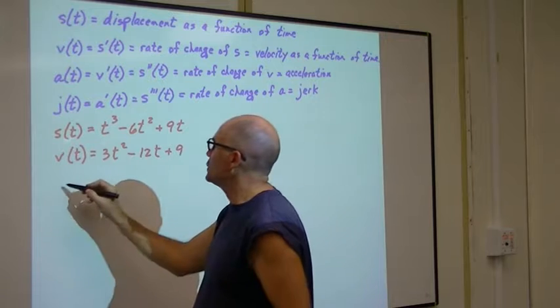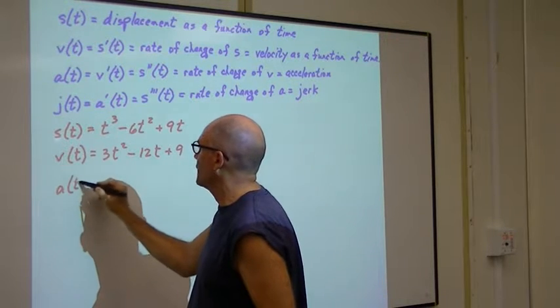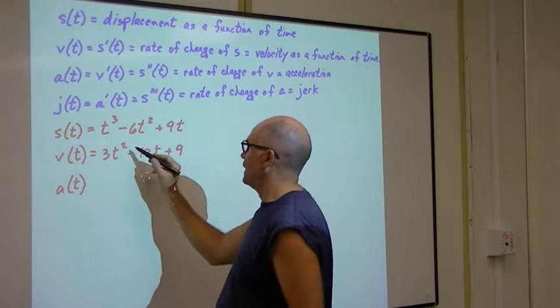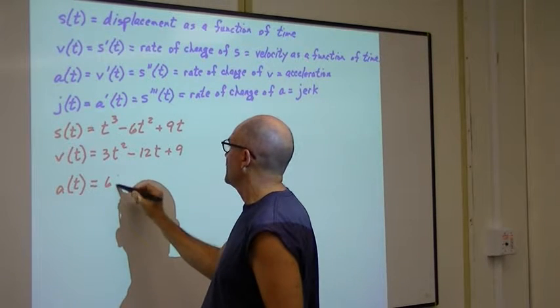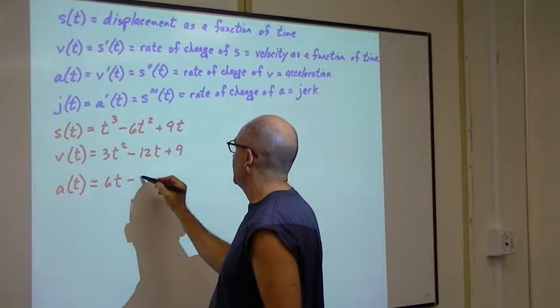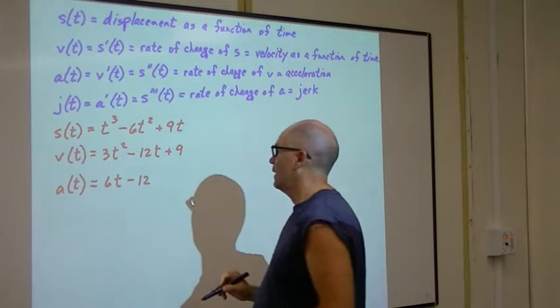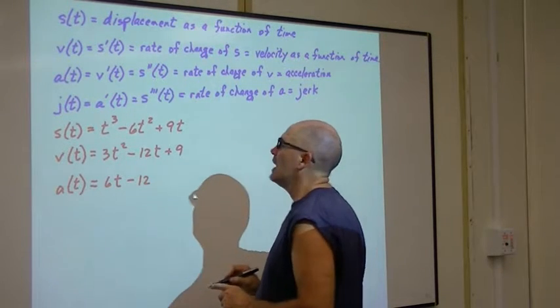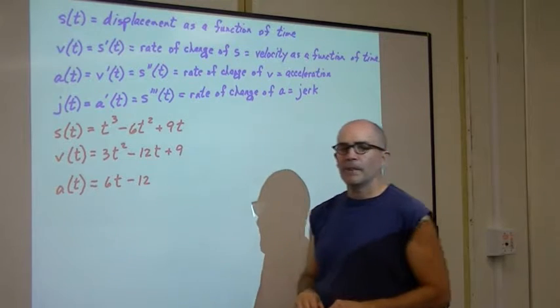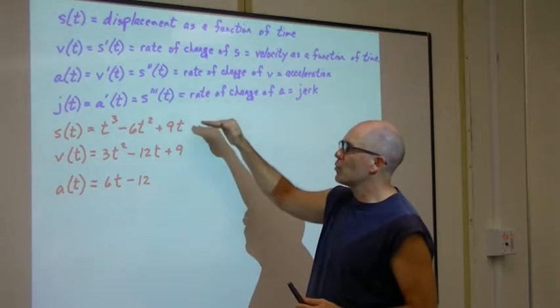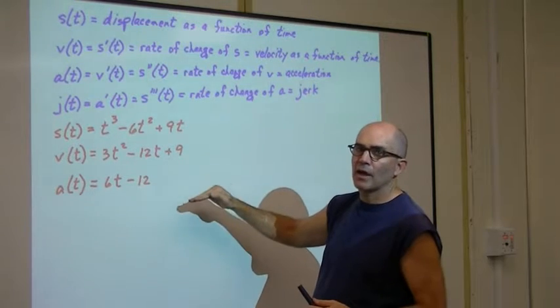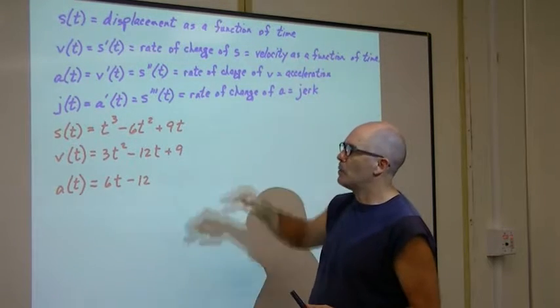Now, acceleration is going to be the derivative of velocity. So we've got 6t minus 12. That's acceleration. Now, notice one thing here. Every time we take a derivative, we decrease the degree by 1, that is of a polynomial.